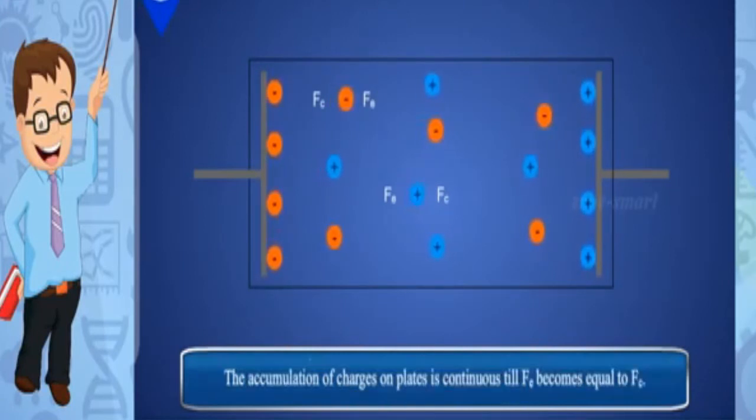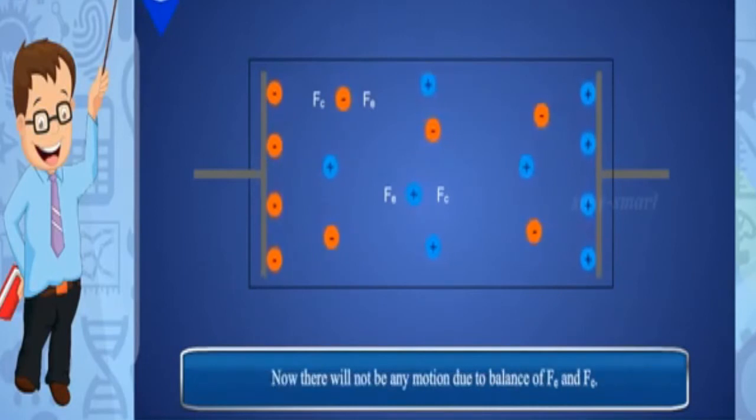The accumulation of charges on plates is continuous till Fe becomes equal to Fc. Now, there will not be any motion due to the balance of Fe and Fc.